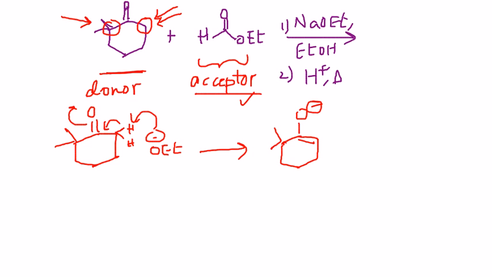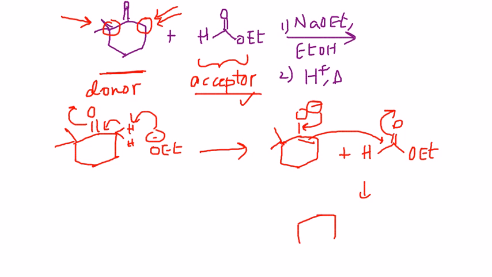This is going to be your kinetic and thermodynamic product, of course, and only product. Electrons come back, attack takes place, electrons move onto oxygen, and first you get the beta keto ester. Let's show the negative charge.